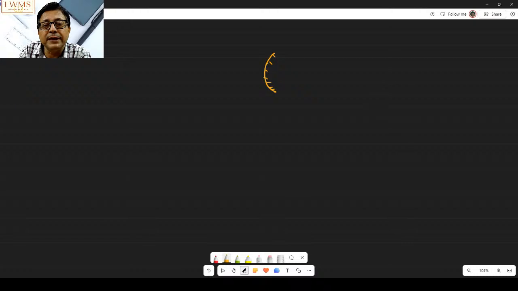Let us do one experiment. The center of curvature lies on this side. For it, the center of curvature is always positive. I'll tell you why. Now this is the pole, this is the center of curvature, and you have joined these two by a line segment.